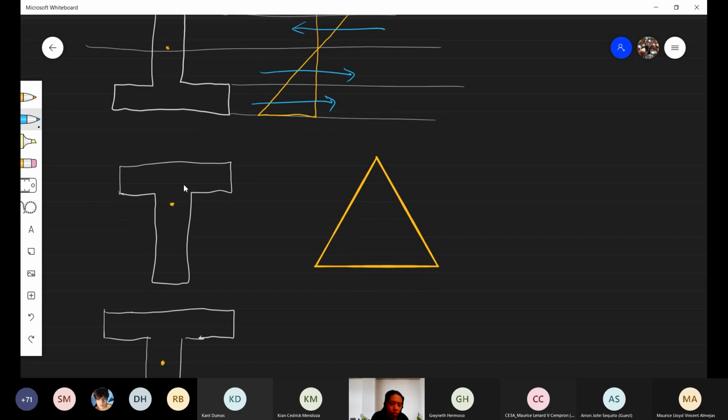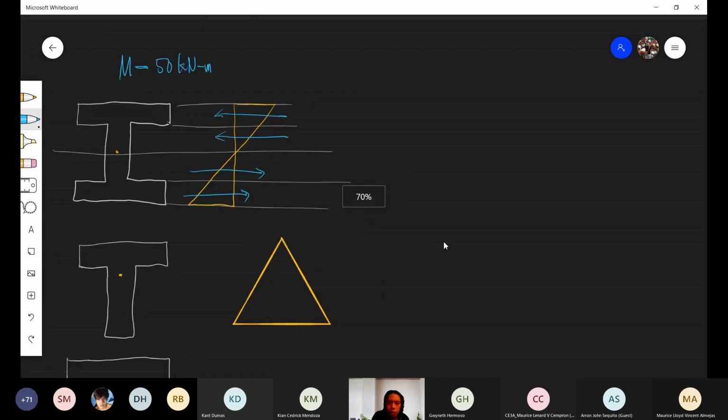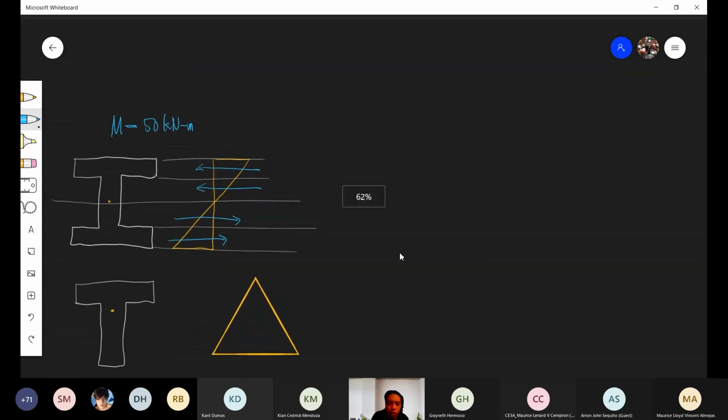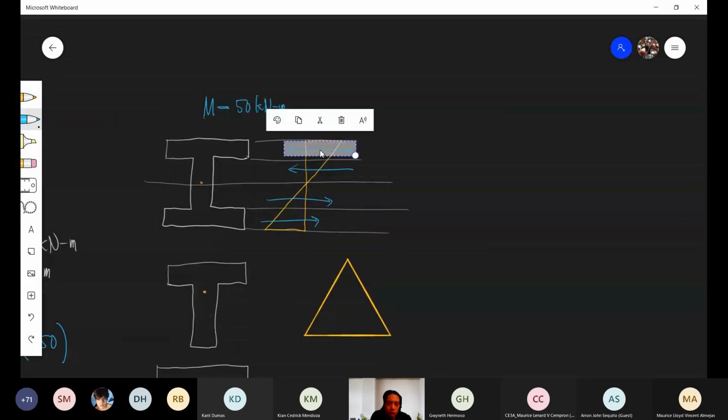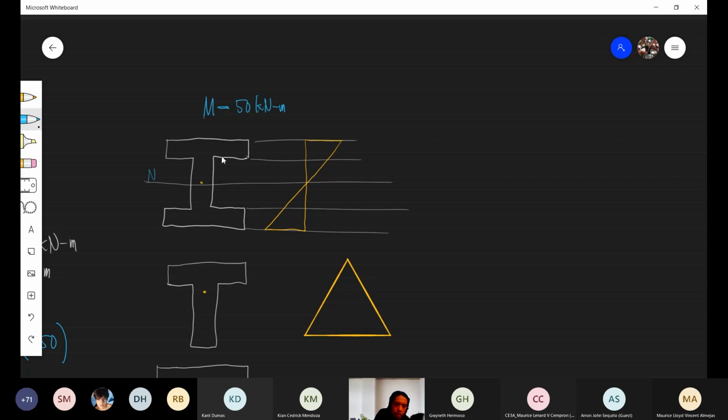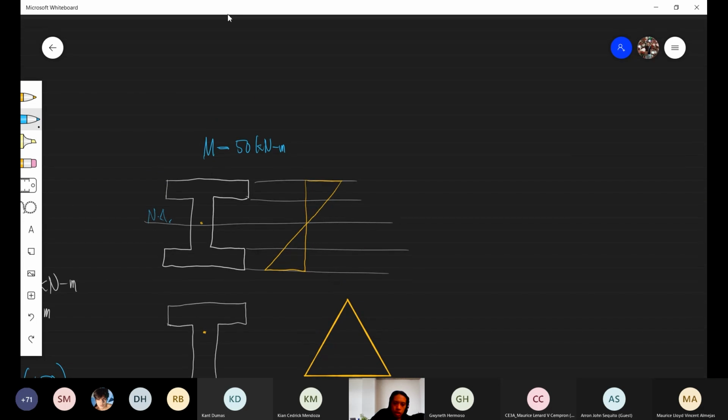Okay? Sige daw, sample problem lugod kita para niyo makita. 50 kilonewton. This is again your neutral axis. Okay? The given are, say, for example, the width of the flange is equal to, say, 300 mm.